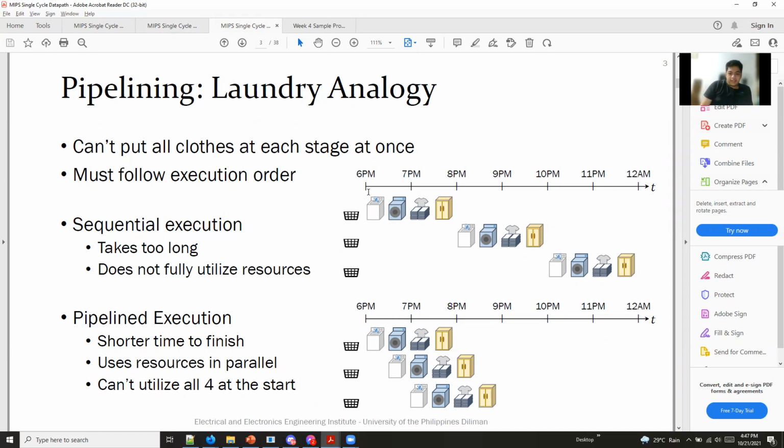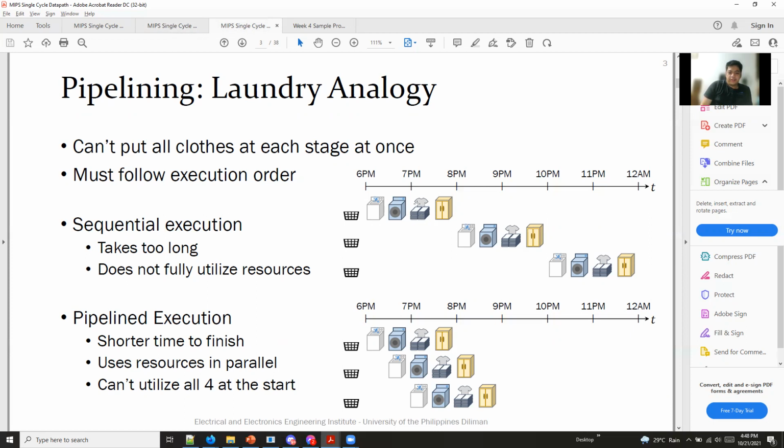So, ang point dito is per step of the laundry cycle, isang device yung ginagamit mo. Pag ginagamit mo na yung washing machine, yung sink hindi mo nagagamit, pero pag nagda-dry ka na ng damit, hindi mo nagagamit yung washing machine. Pag tinatago mo yung damit sa cabinet, hindi mo nagagamit yung dryer mo.